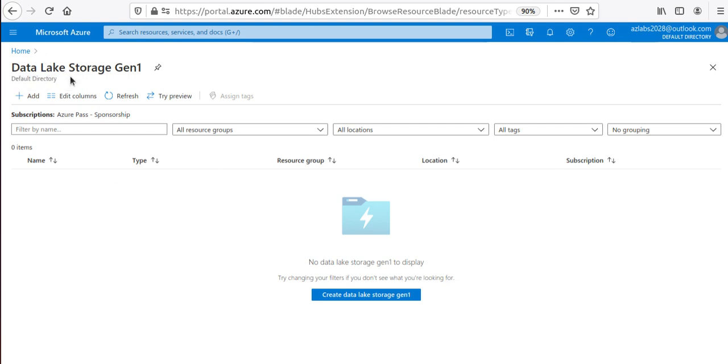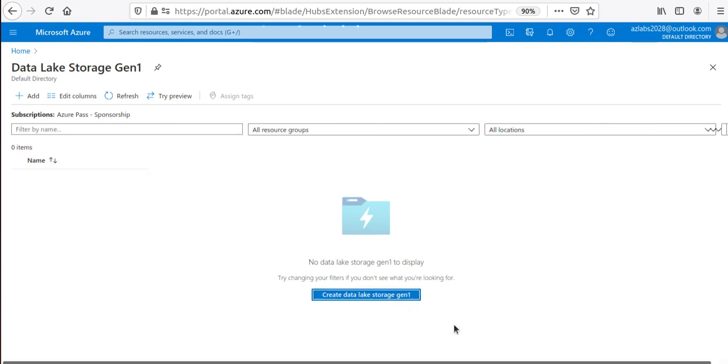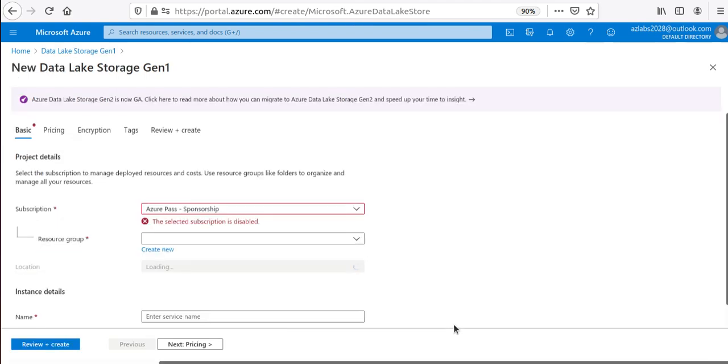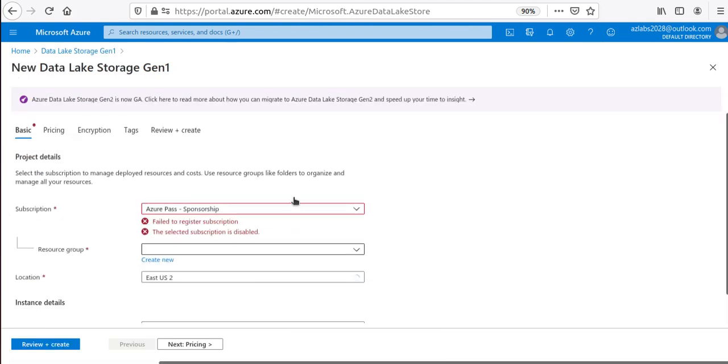So again, deployment would be very similar, just as any other deployment. So you would create the Data Lake Storage Gen 1, and then in this particular subscription, I don't have the ability to create a Gen 2 or Gen 1 data lake, but you might. And here it says Azure Data Lake Storage Gen 2 is in general availability.